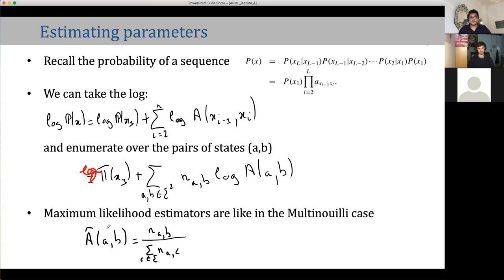So very intuitively, the maximum likelihood estimator of our Markov chain, if I want to know the probability of going from A to B, I just count how many times I went from A to B, and I divide by the number of times I was in A and went somewhere. And that's our estimator.